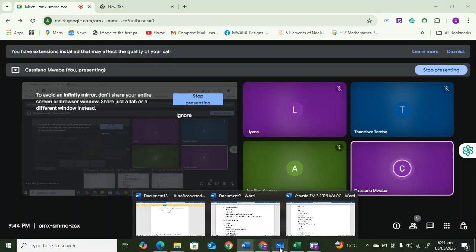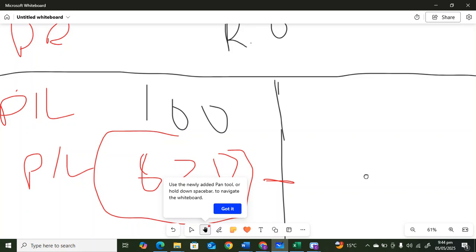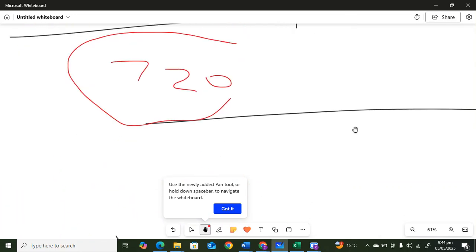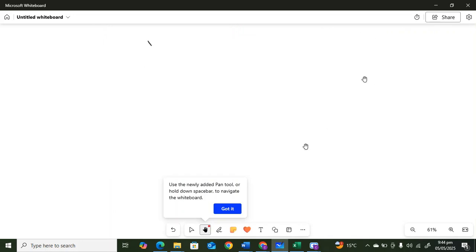So ordinary shares, preference shares, and debentures, the market values are calculated in the same way. For ordinary shares, it's the number of ordinary shares multiplied by the market price.